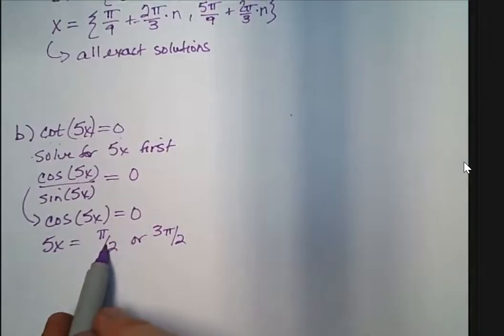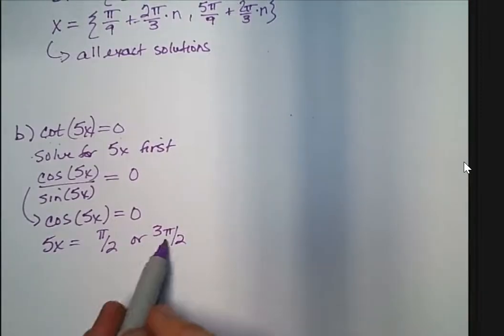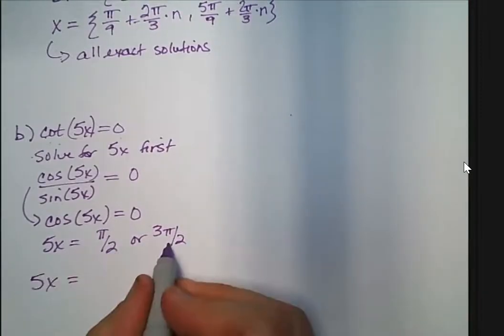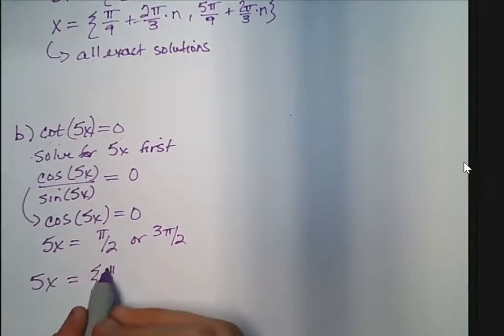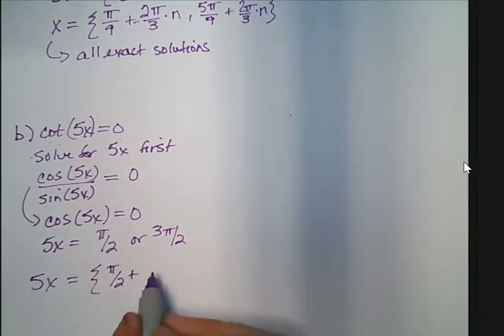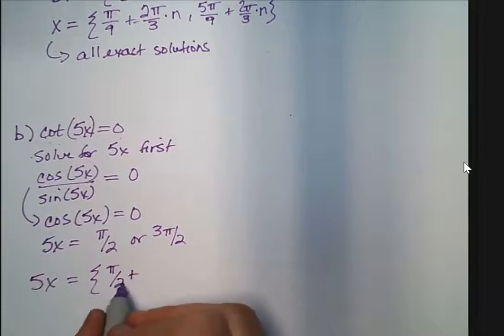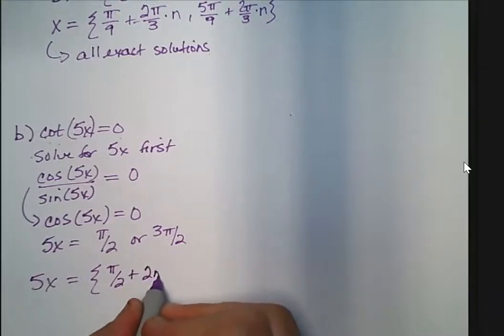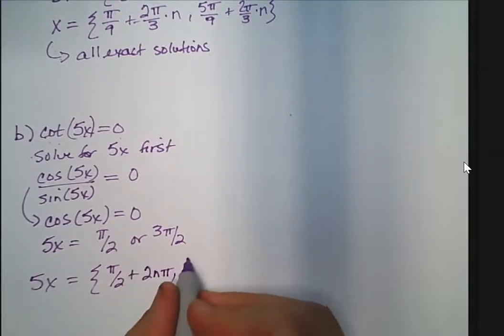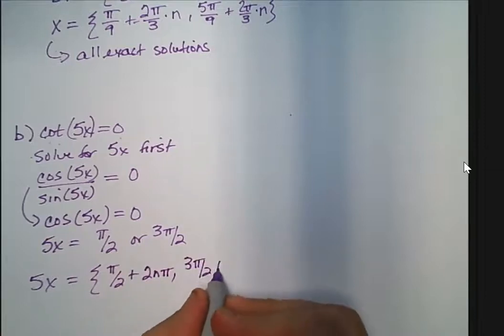Now we want to write down all of the solutions for 5x. These are just the ones between 0 and 2 pi. We're going to take these two and write down all their coterminal angles. So we would have pi over 2 plus 2n pi and 3 pi over 2 plus 2n pi.